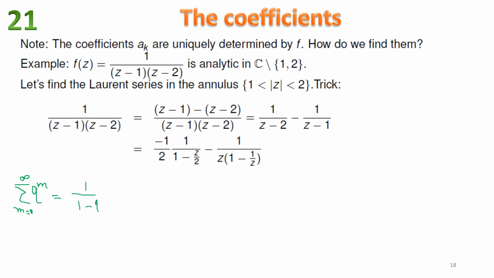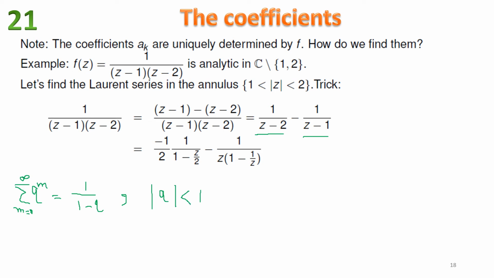This we have done earlier. Now I want to fit this term and this term into this representation. This representation is valid as long as the mod of q possesses a value less than 1.